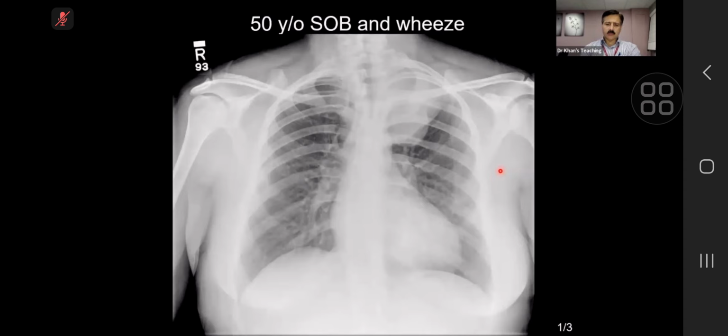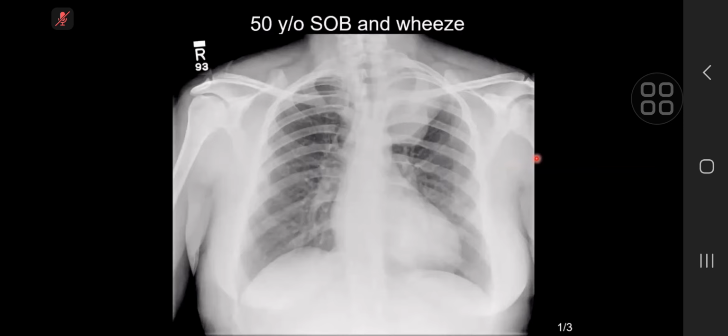Yes, please. Okay, so 50-year-old man, shortness of breath, frontal chest radiograph. There is a mediastinal mass projected over the left apical region.